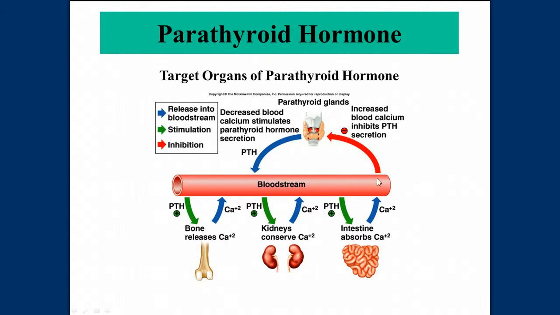If calcium levels are high enough or too high, then the parathyroid senses the excess calcium or enough calcium, and so there is inhibition of PTH secretion so that calcium levels can remain in that normal range.